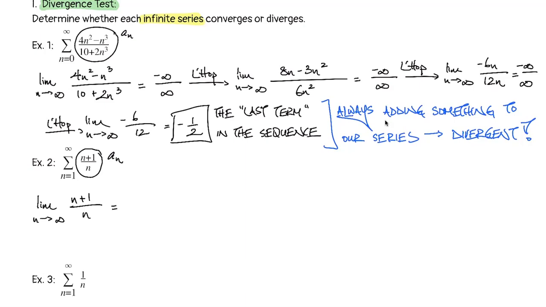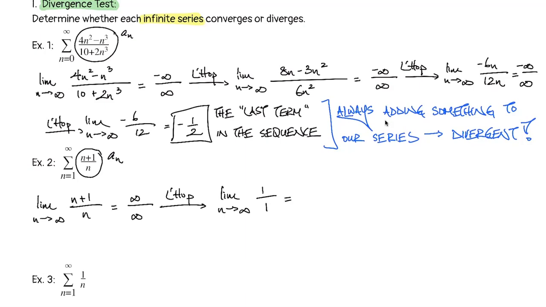I want to find out that last term. So let's plug in infinity. We get infinity over infinity. That means we need to use L'Hopital. Pretty straightforward derivatives here. I get 1 on the top, I get 1 on the bottom.